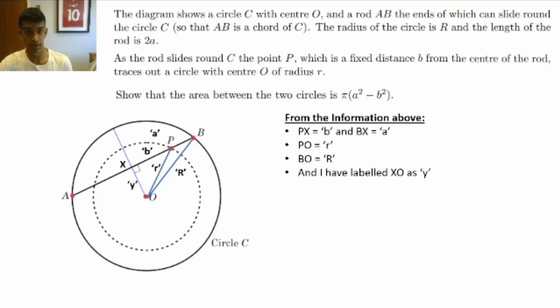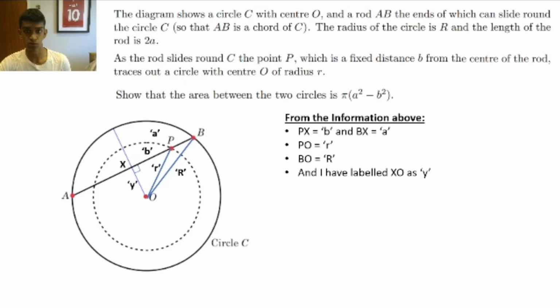BA is 2A, and because BA is a chord of C, that means that any line from the centre, which is perpendicular to the chord and joins to the circumference, is a length bisector of BA. And that's why BX, the line from B to the centre of the rod, is equal to A.